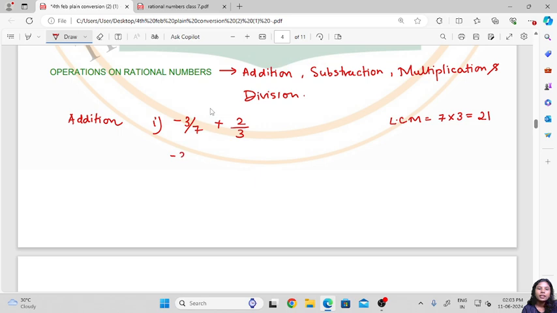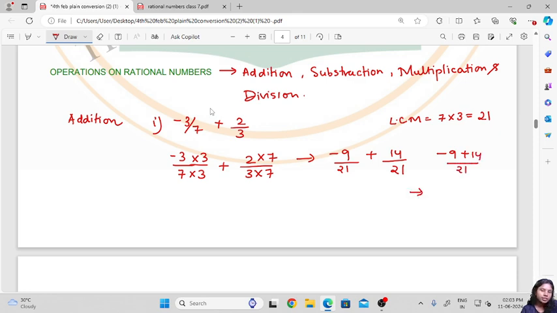So minus 3 upon 7 into 3 plus 2 upon 3 into 7 into 7. So here we'll get minus 9 upon 21 plus 14 upon 21. If we solve, we'll have minus 9 plus 14 upon 21. So the final answer that we'll get is 5 upon 21.